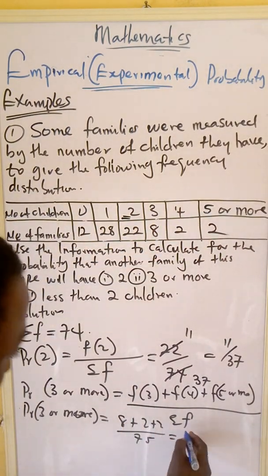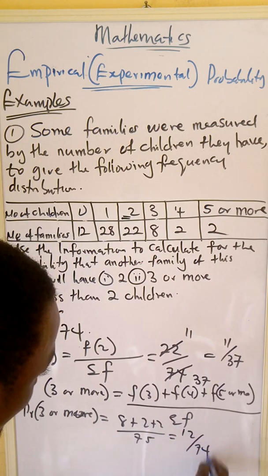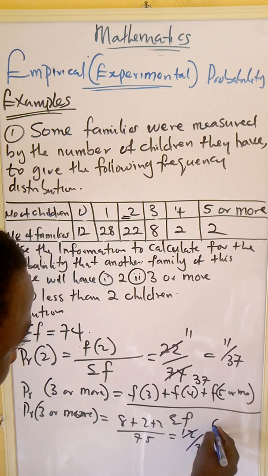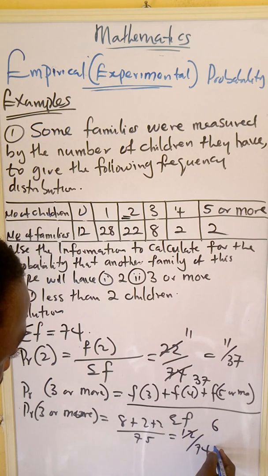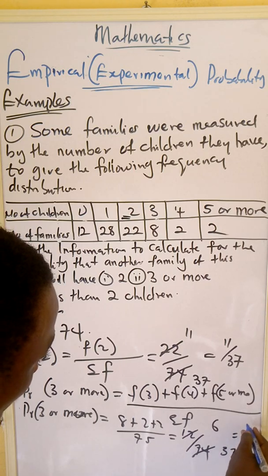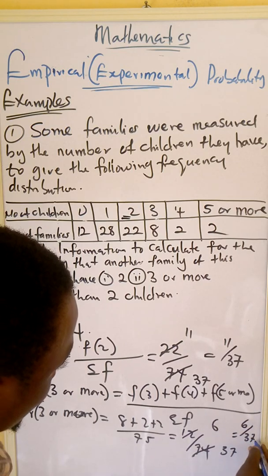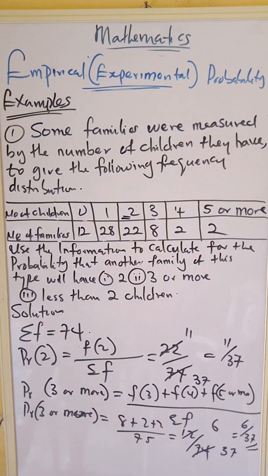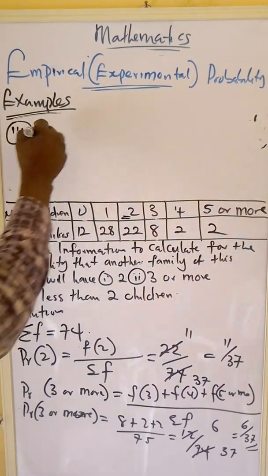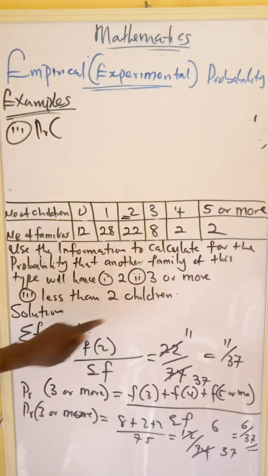So 8 plus 2 plus 2 gives 12 over 74. Dividing by 2 gives 6 over 37, which equals 6 over 37.